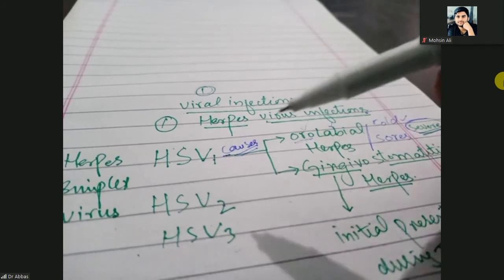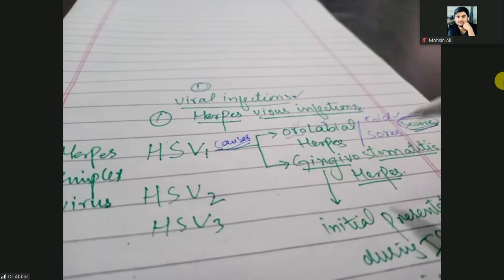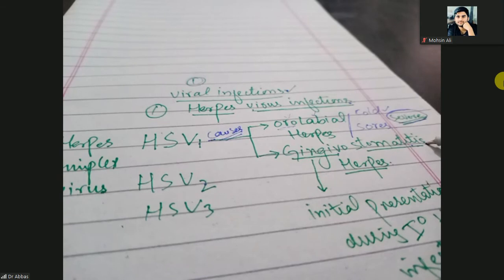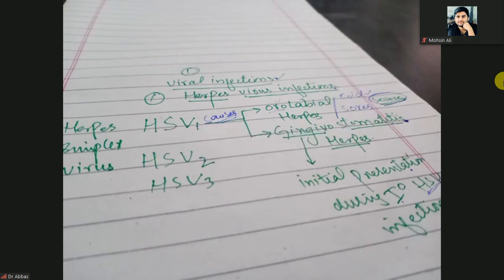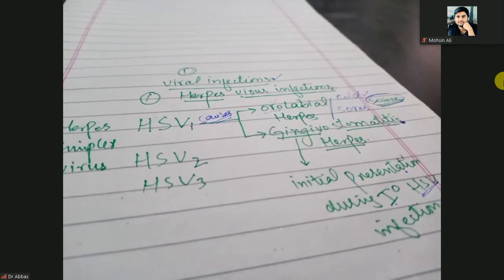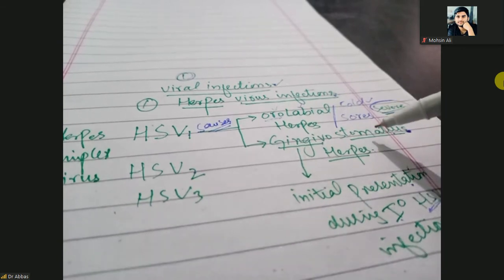And this HSV1 also causes gingivostomatitis herpes. This means the oral cavity and gum present with blisters, and this is the initial presentation during the primary HSV infections. When there is a primary herpes simplex 1 infection, the initial presentation will be gingivostomatitis.